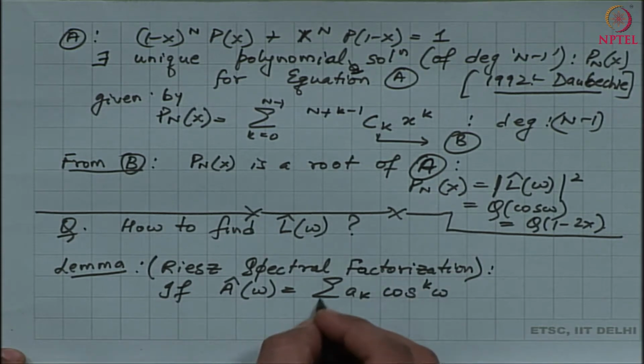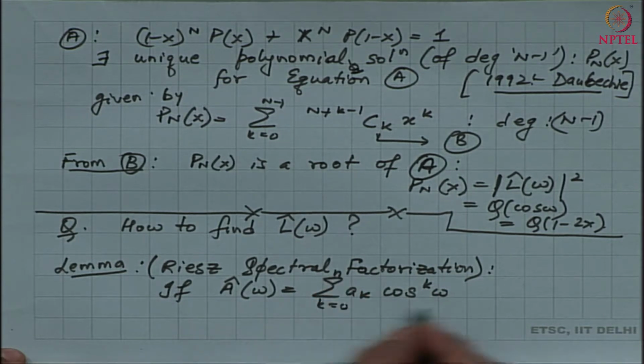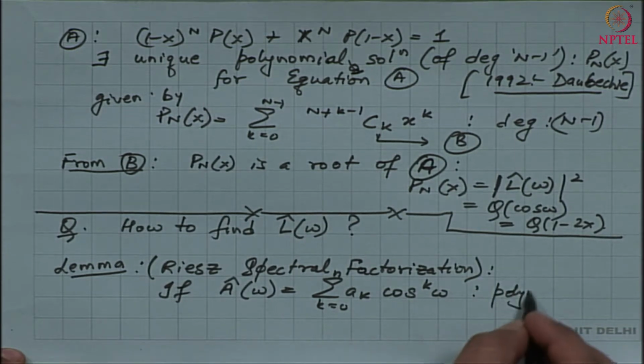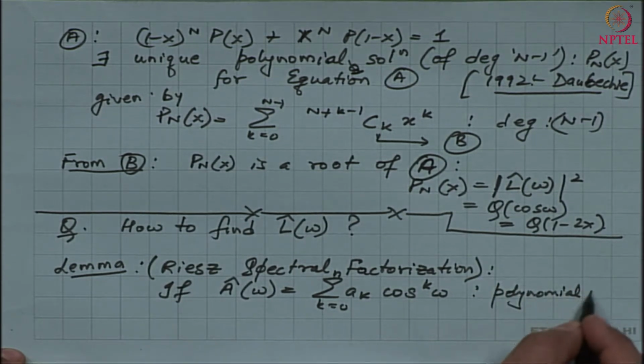So A hat omega is a polynomial in cos of omega.